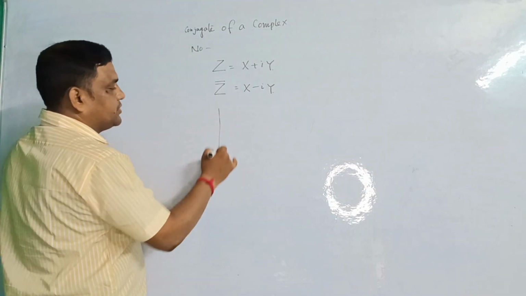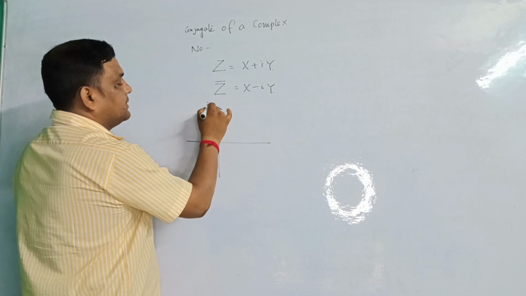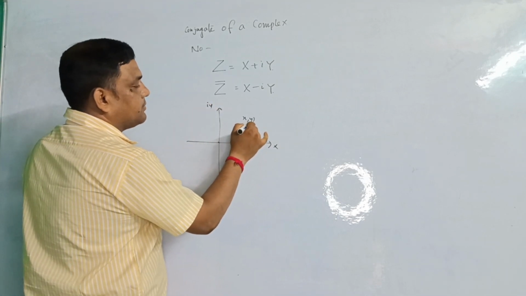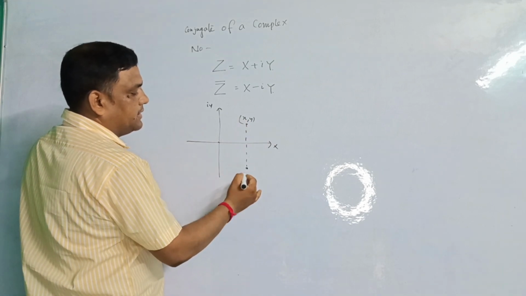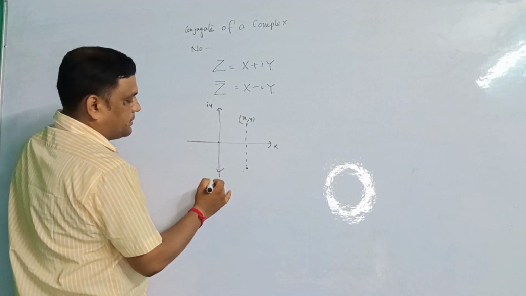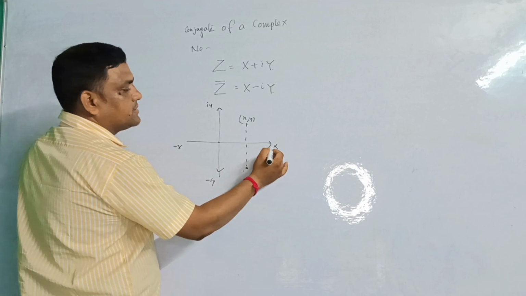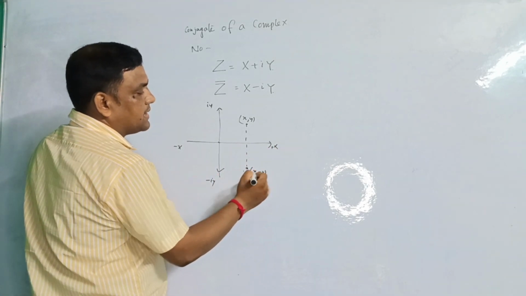Geometrically, suppose you have the Argand plane, and here is your point (x, y), then its conjugate is defined here. This is your minus y axis, this is your minus x axis, this is your plus x axis. So in minus y you get x minus iy.